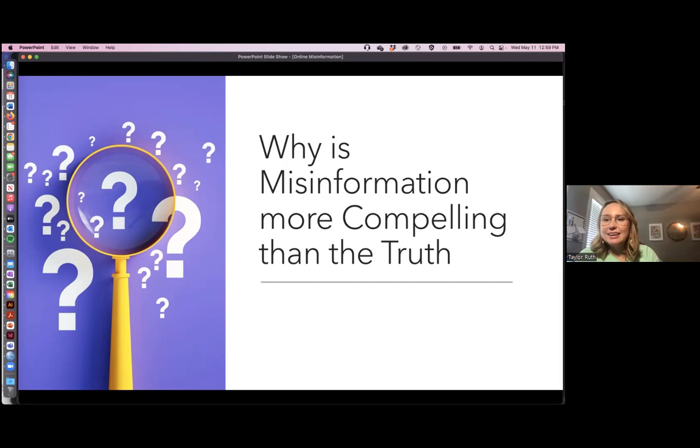Let's see what else is in here. Sarah, you talked about how it's often more shocking or interesting or scary than the truth. If you're able to unmute yourself, would you mind elaborating on that as well? I don't know if I can think of a specific one off the top of my head, but it usually is something that's a little bit more catchy.